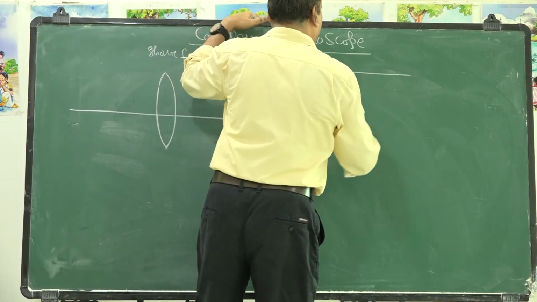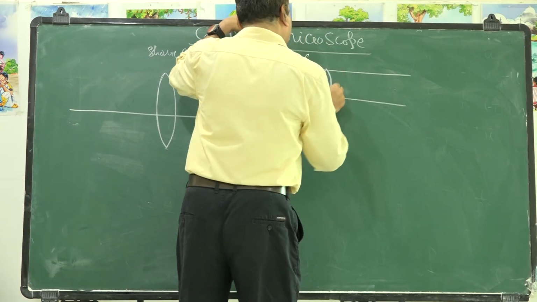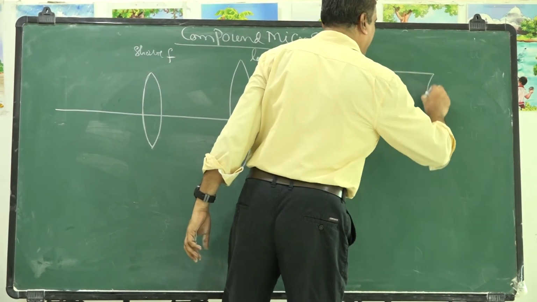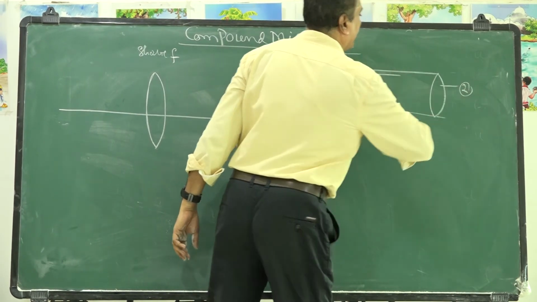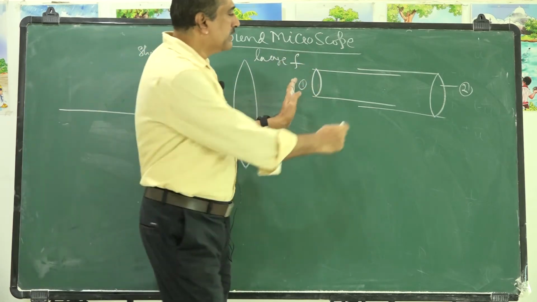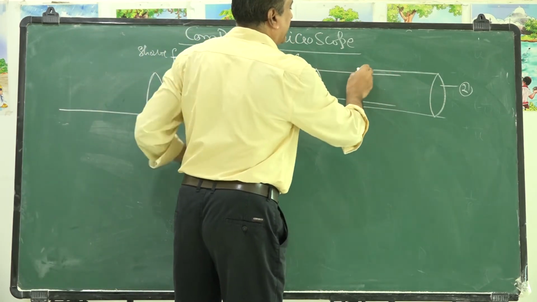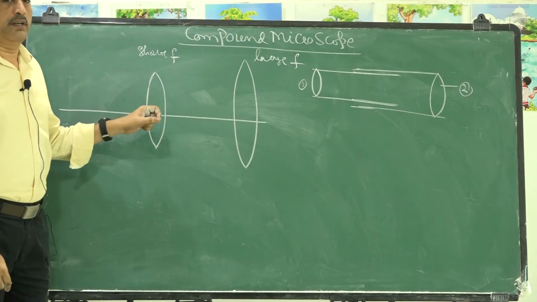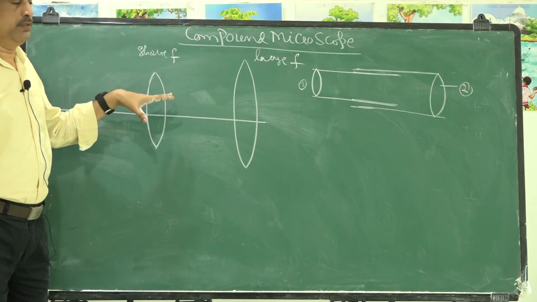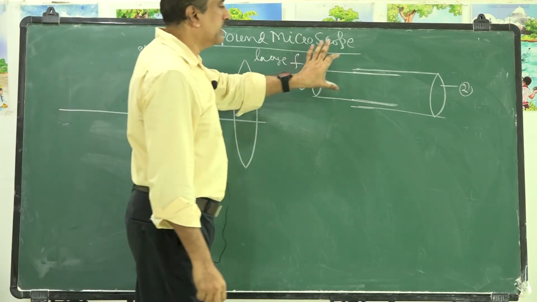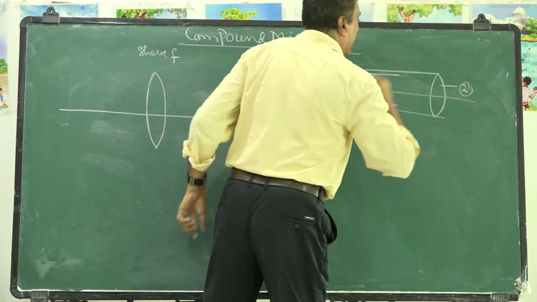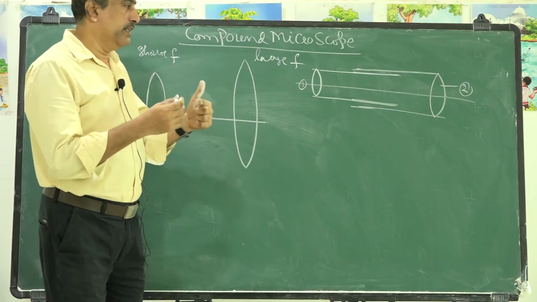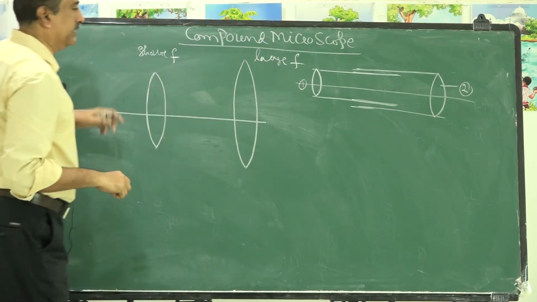Suppose this is a cylindrical tube in which one lens is arranged, the first lens, and another lens is like this, the second lens, so that the distance between these two lenses can be adjusted by sliding these cylindrical tubes by an arrangement called rack and pinion arrangement. Okay. So, these two lenses are coaxial and held in different cylindrical tubes, and one cylinder slides inside the other cylinder like this.